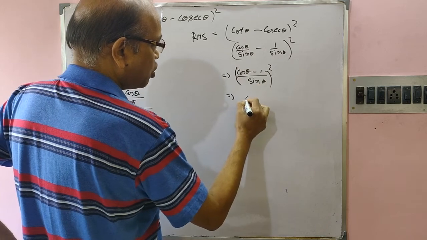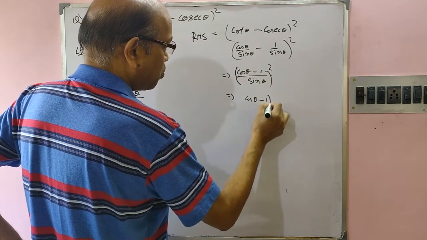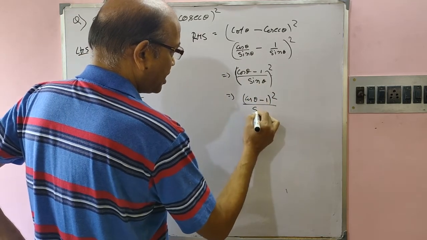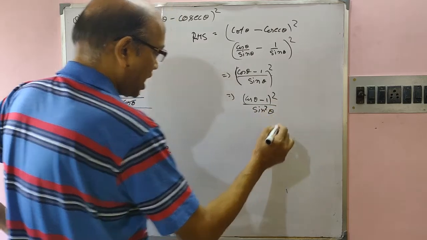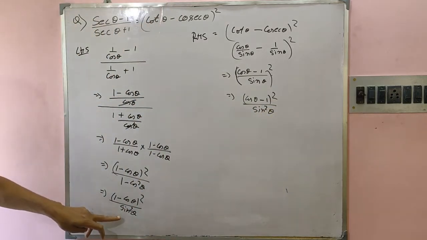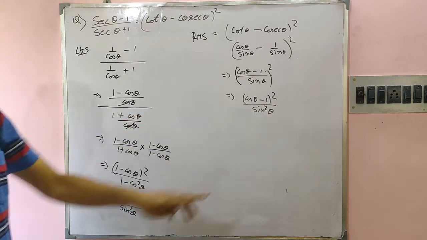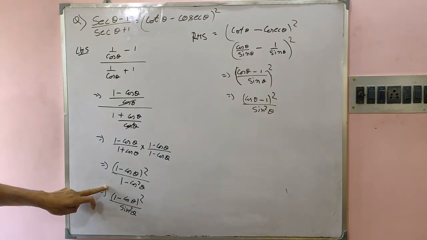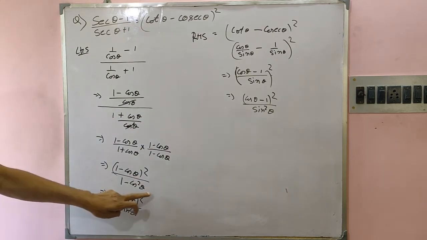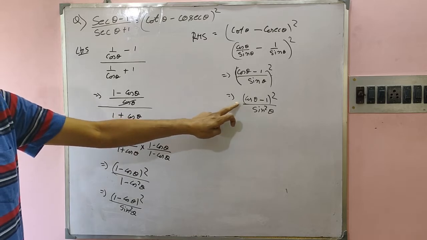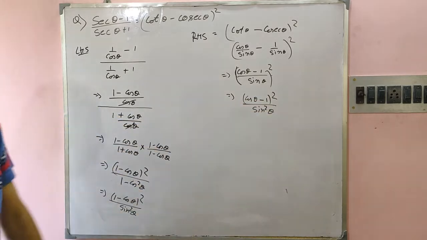This can be written as (cos theta minus 1) whole square by sine square theta. Here in the left hand side we have seen the denominator sine square theta. Here also the denominator is sine square theta. But in the numerator I find it is (1 minus cos theta) whole square, but here we find it is (cos theta minus 1) whole square.